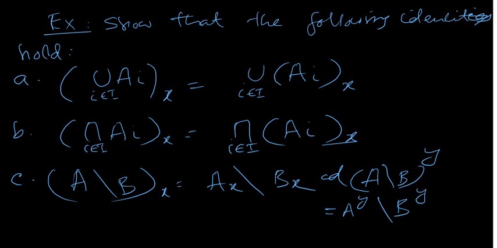How many statements do we have in total? Two statements for union and intersection for the x section, and two for the y section. That's four, and then the difference for x and for y, so in total we have six statements. You verify these six statements. It's very simple.